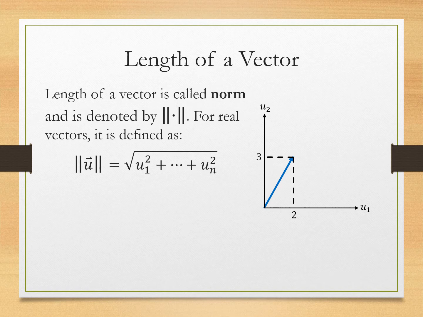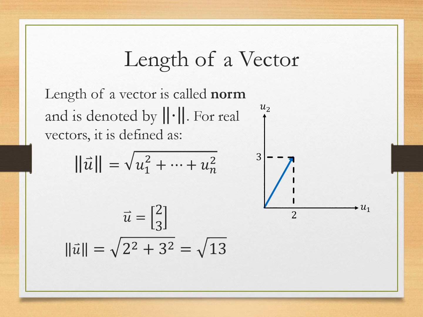It makes a lot of sense. Let's say you have u equals 2, 3 as we had before. Then the norm of this vector is going to be the root of 2 squared plus 3 squared, which is root 13. Now, can anyone tell me why this norm makes sense? You have learned this before.